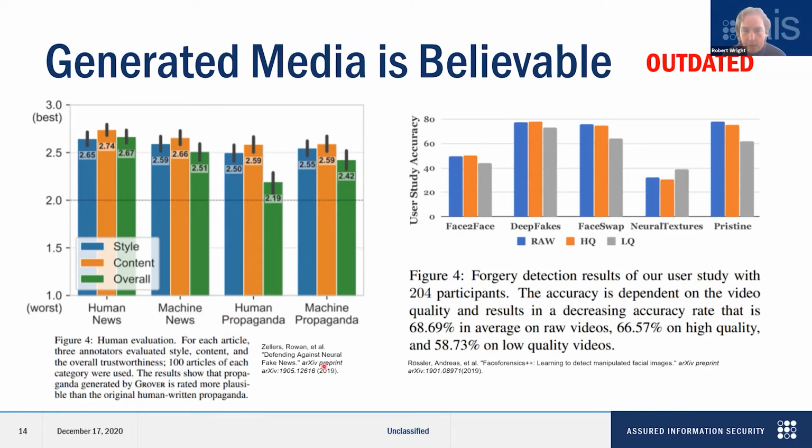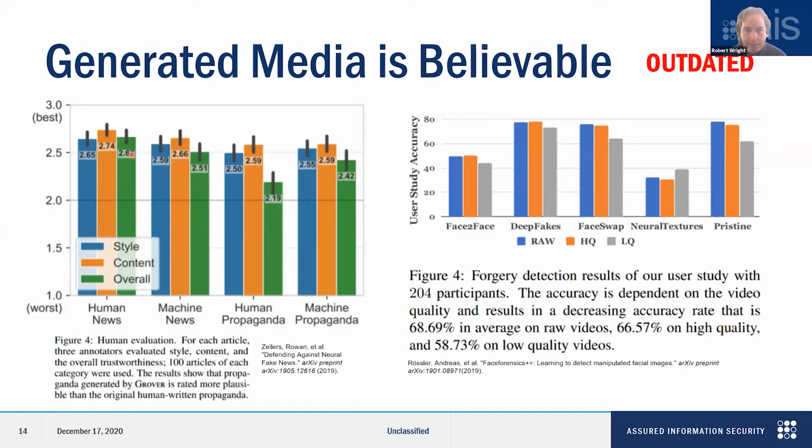On the left here, what we're looking at is the overall believability and effectiveness of articles generated by both humans and a language model. In this case it is Grover, which is not nearly as effective as something like GPT-3. That's looking at style, content, and trustworthiness.